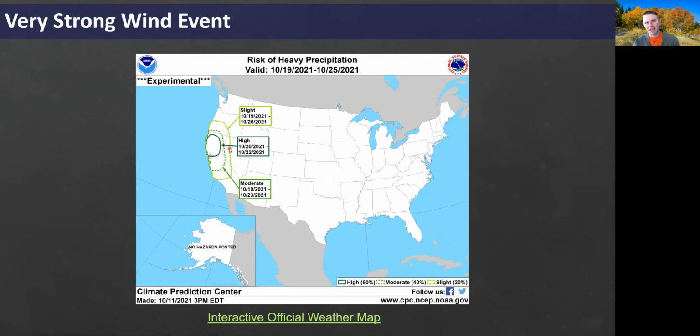We don't know the exact timing of when rain will be coming 10 days out, but there's a possibility. And right now it seems like a higher than average possibility for Northern California, and we'll call it a moderate risk of heavy precipitation somewhere between the 20th and the 22nd.